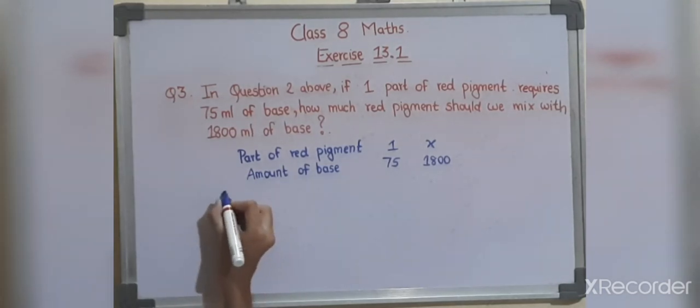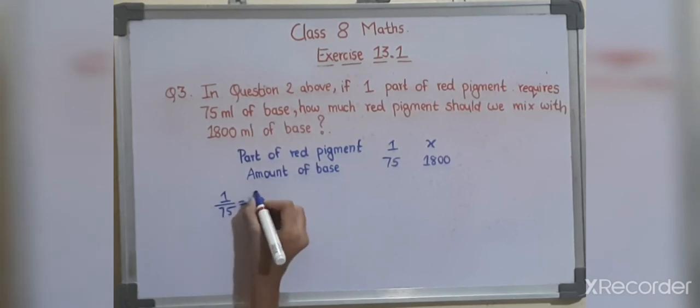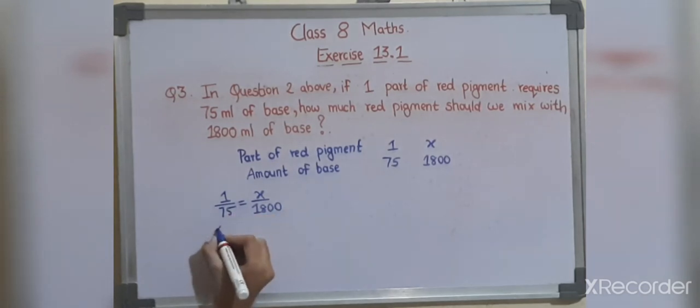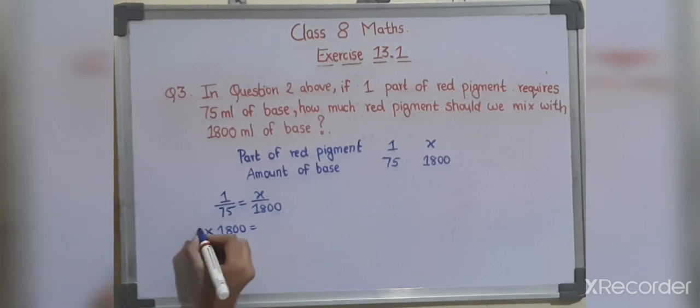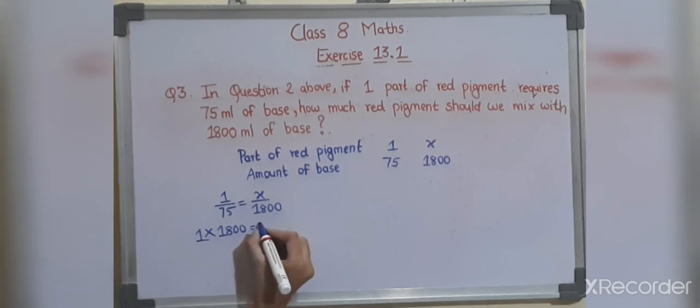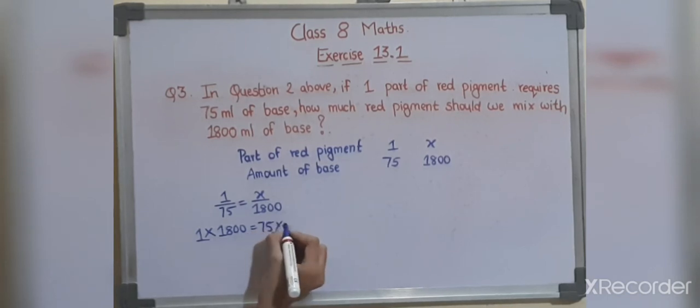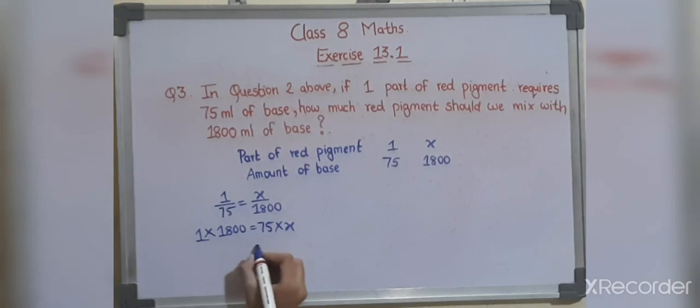So as we know that 1 upon 75 is equal to X upon 1800. 1800 into 1 is equal to 75 into X. 1800 upon 75 is equal to X. Now when this is divided, we get 24.